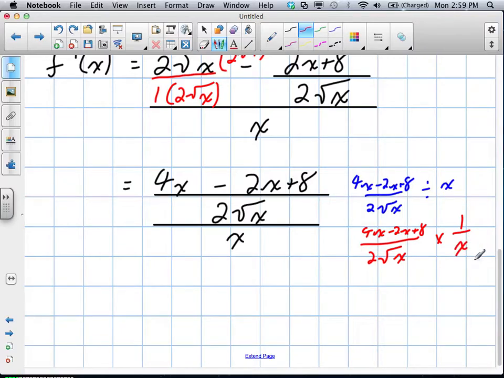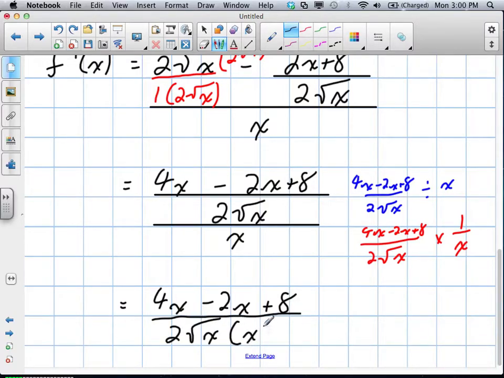So when I multiply by 1 over x, we end up with 4x minus 2x plus 8 divided by 2 root x, and technically this is times x. Right now, though it looks very close, we can't actually combine these here because this is the root of whatever this term is.